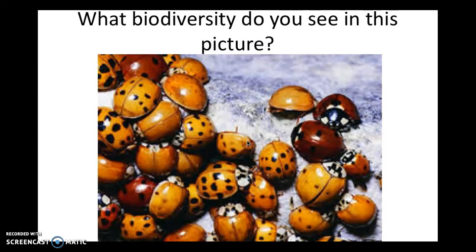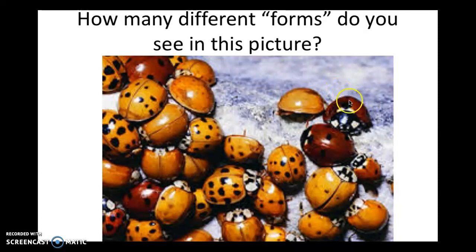So here's another picture. Let's talk about the variety here. They're all ladybugs, right? But we still have biodiversity here. They're all ladybugs, but they all have some differences. For example, there's some red ones. There's some lighter ones. There's big ones. There's small ones. There's some with more dots. There's some with less dots.